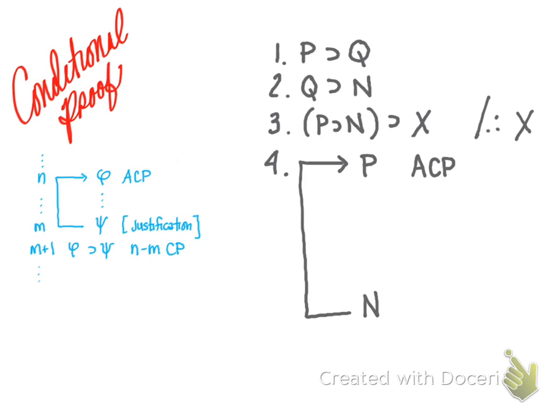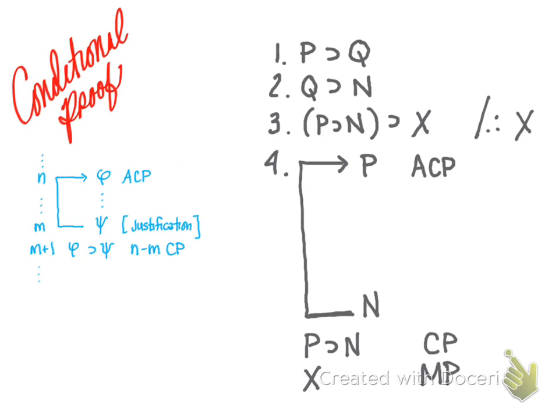And I know that the minute I finish this proof, the minute I manage to derive N, my next line will be if P then N, and the rule I'll use is CP, and I'll have to cite it, but I don't know what I'll use yet. And then once I have that, this is the antecedent of the conditional on line 3, so I can use MP to get my final conclusion. Okay, so that's my big plan sketched in.